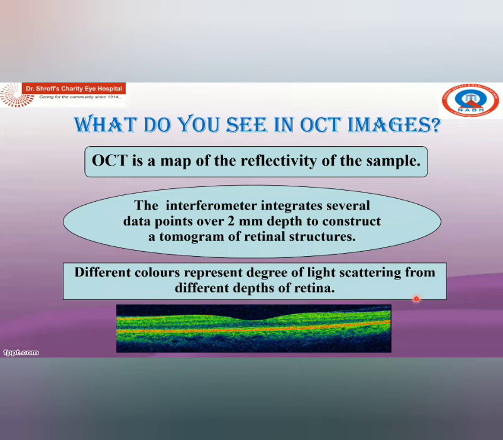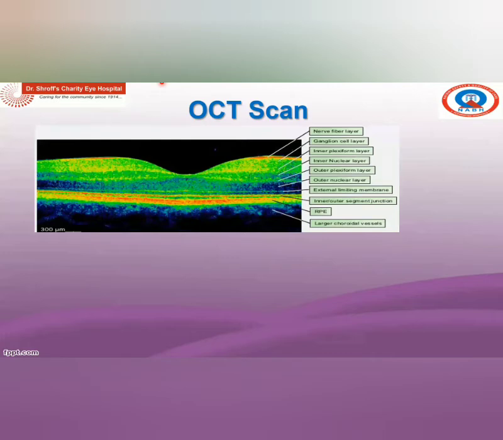So a normal OCT scan looks like this. A green color picture. You will see 7. Which color?